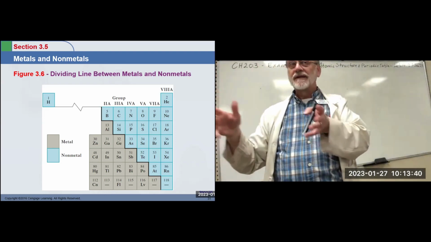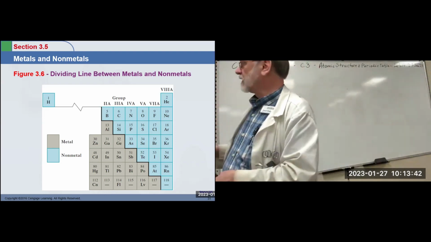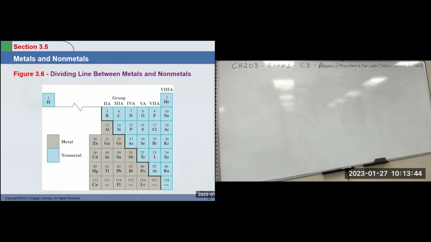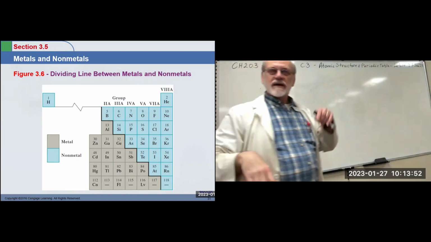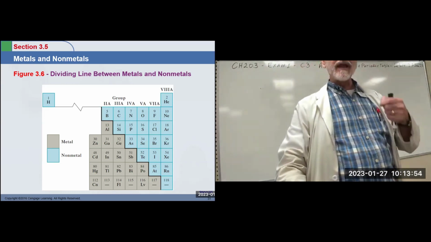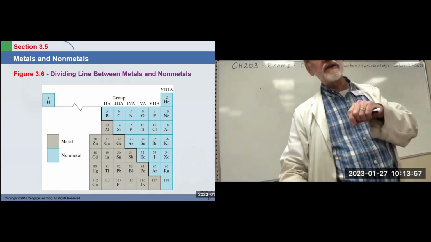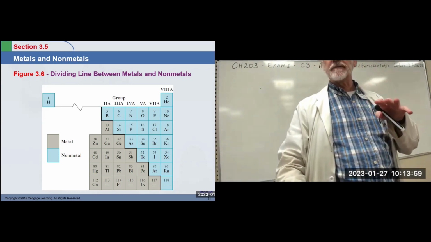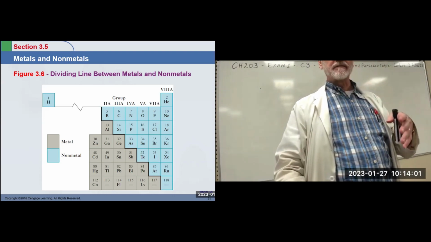But there's an in-between. Right along that dark line, you get silicon, germanium, arsenic, antimony, tellurium. Those elements can behave like metals in some cases and non-metals in others, depending on the environment. We call them metalloids.